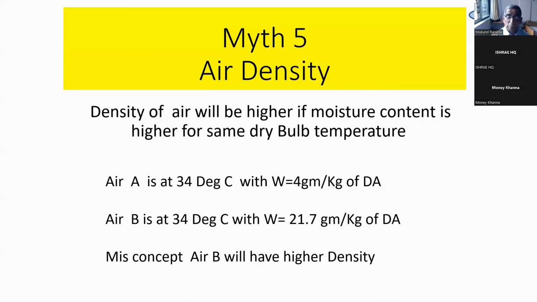So the misconception people have: temperature is the same, total pressure is the same, since it has more moisture, air A will be lighter and air B, which has higher moisture, will be denser or have more weight, which is wrong. So let us first see in the psychrometric chart what the fact is. We are going to see at 34 degrees centigrade and 4 gram the density given in the psychrometric chart, and also at 34 degree and 21.7 gram what density is given.